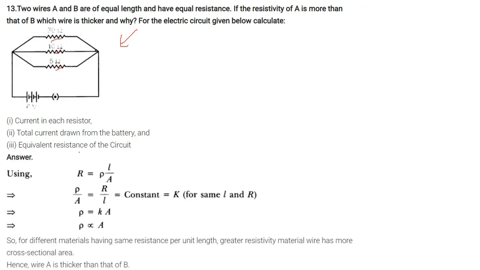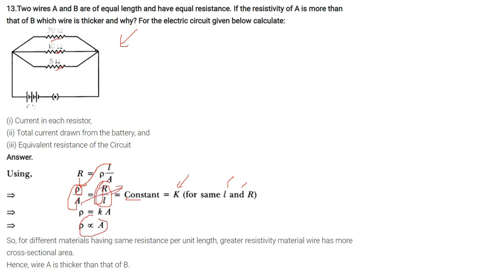We know R equals rho L upon A. Taking L below R, we get R upon L equals rho upon A, which is constant because the length and resistance are the same.